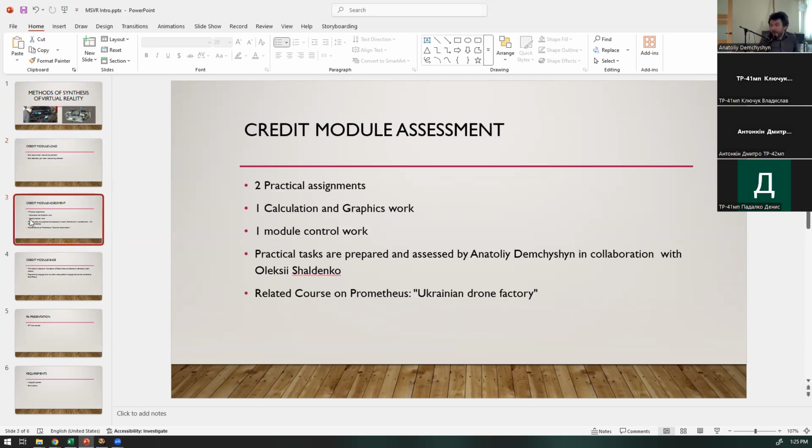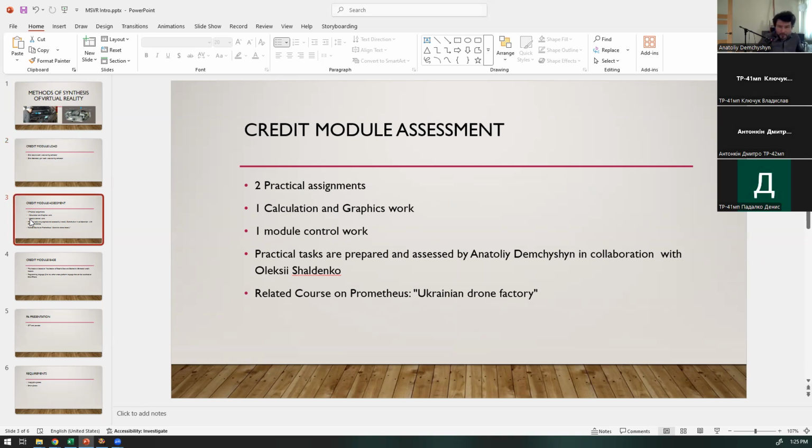Let's continue. So how do you get towards the successful completion of this credit module? Two practical assignments, one calculation and graphics work, and one module control work.